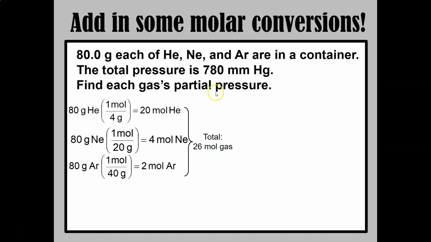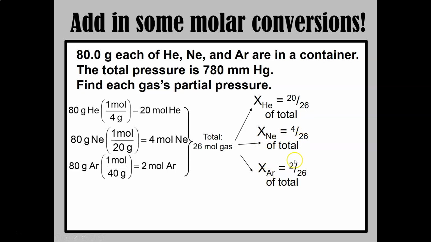Now I can do 3 different mole fractions. Helium is 20 over 26. Neon is 4 over 26. And argon is 2 over 26. Please do not reduce these. Remember when we learned about the mole ratio and I told you don't reduce it, let your calculator take care of it for you?